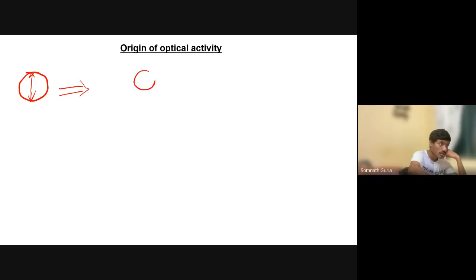Here basically, we are talking about plane polarized light, which is actually a combination of two: one is the right hand circularly polarized light, another is the left hand circularly polarized light.